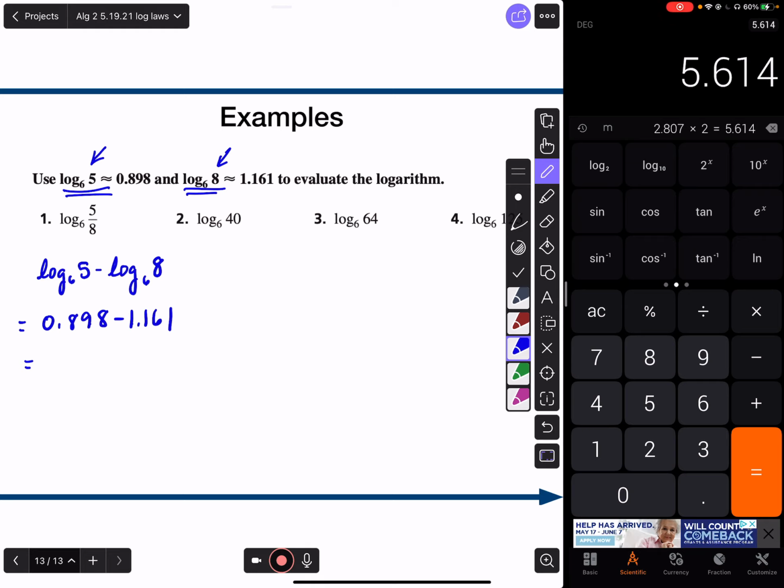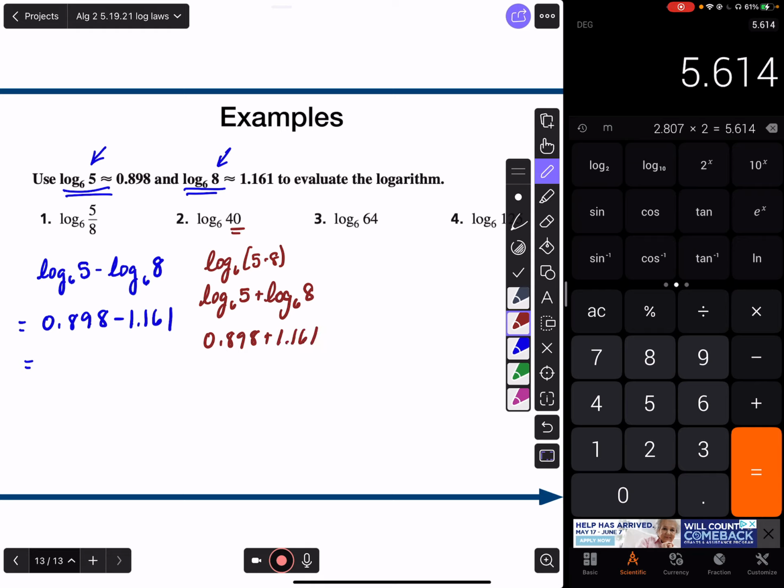Let's look at number 2 here. 40 I recognize as 5 times 8, so this is log base 6 of 5 times 8. And multiplication can be rewritten as addition of the two factors, like so. Log base 6 of 5 is 0.898 plus the 1.161.